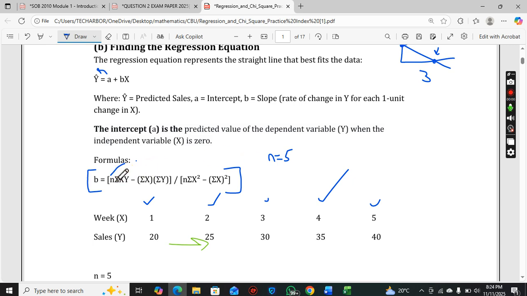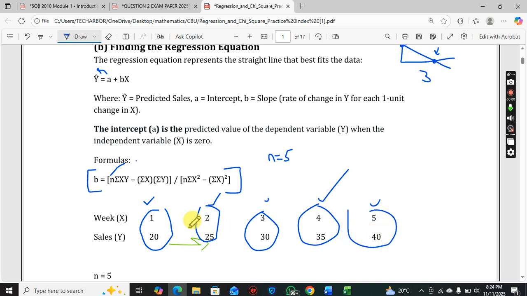This sigma means summation, you're adding up. Sigma xy means you multiply x and y, then you total it up. You multiply this and this, this and this, and you add them up. That gives you sigma xy.